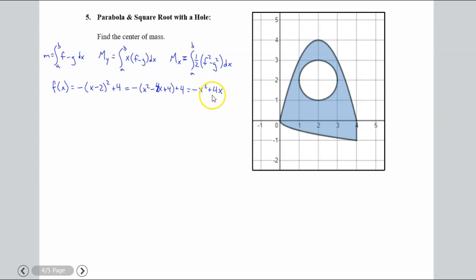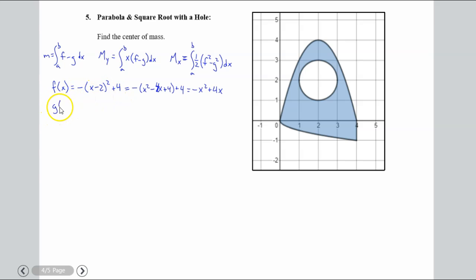So you just end up with 4x minus x squared, or negative x squared plus 4x. If you're going to be doing some of the calculations by hand, that can definitely simplify things. If you're just using a calculator or computer, leaving it as you originally had it is fine.